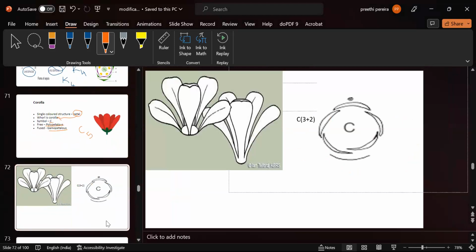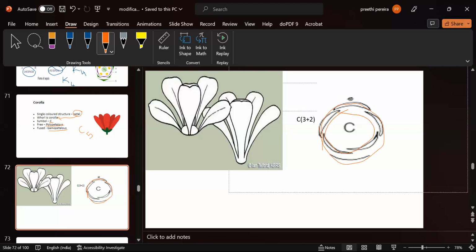Now look at this condition over here. This flower is having two whorls. Can you make out? This is one whorl of corolla and these two are another whorl of corolla.